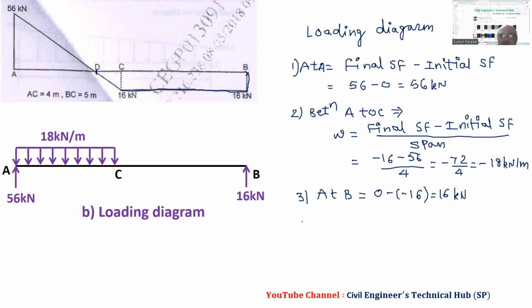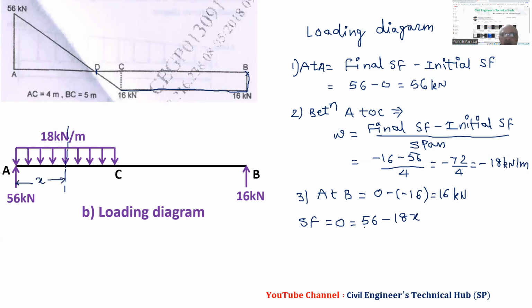Then we will find the point where shear force equals 0. I will directly write 56 minus 18 into x. So we have it somewhere here, and we will assume this distance as x.